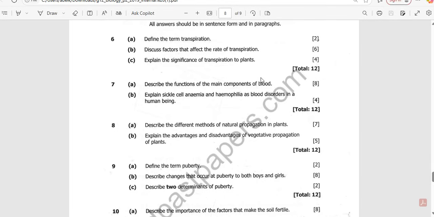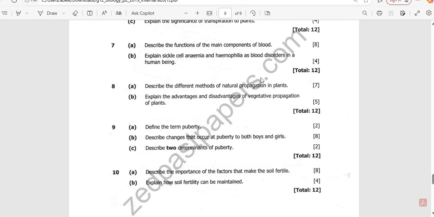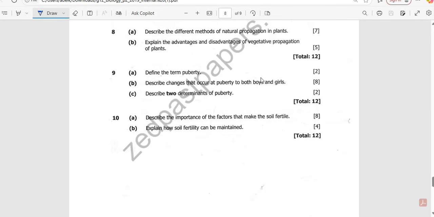For example, if you are familiar with question 9, and the only part you can explain well is define the term puberty, then for the others, A and C, if you have no data on these two, don't pick this question because it will cost you.